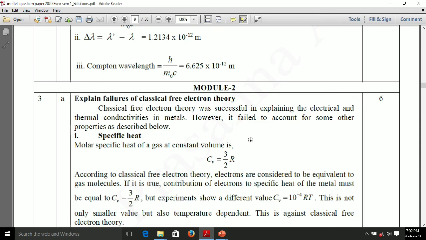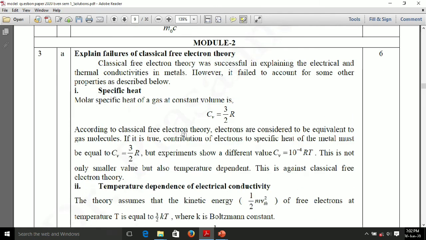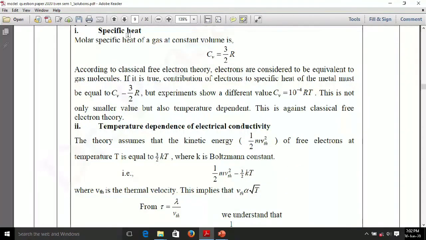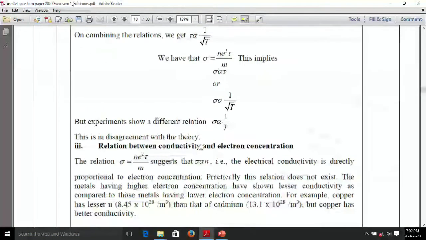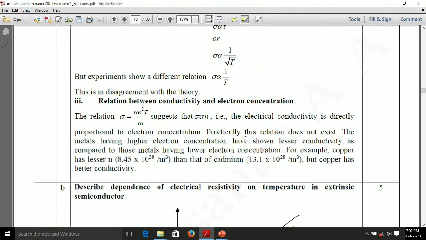These 3 you have to discuss for 6 marks. Each failure can be discussed for 2 marks. They are specific heat, the temperature dependence of electrical conductivity, and the relation between conductivity and electron concentration. These are the only 3 failures that you need to discuss.